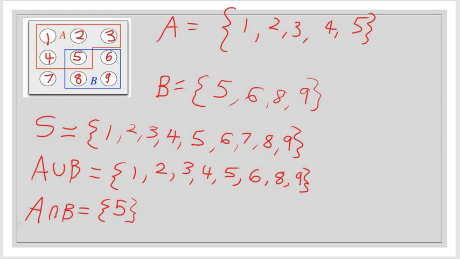Now, since we've got this sample space S, there's something else we can do, and that is we can take a complement relative to S. So we can remind ourselves of what the union of A and B is.